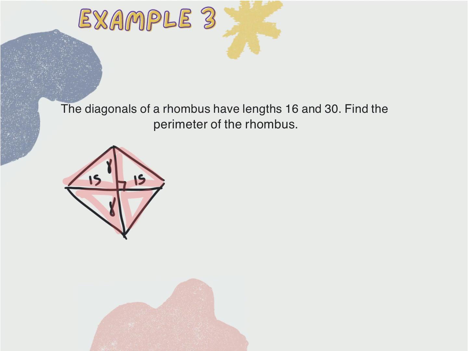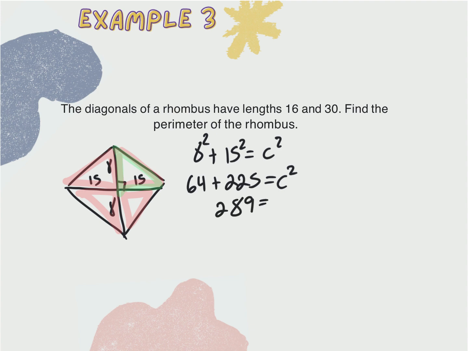Now, the hypotenuse is the outer perimeter of the rhombus. So I'm just going to find this triangle. I'm going to do 8 squared plus 15 squared equals c squared. That is 64 plus 225 equals c squared. This adds to 289 is equal to c squared. Then I take the square root and get 17 is equal to c.